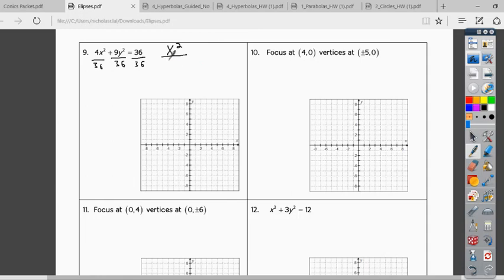So x squared over 8 plus... well, no, 9. Sorry, 9 times 4 equals 36. x squared over 9 plus y squared over 4 is equal to 1.